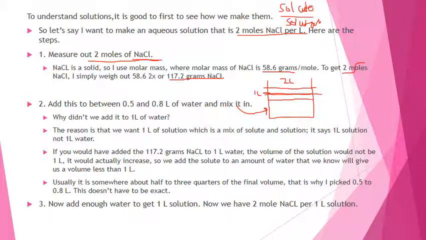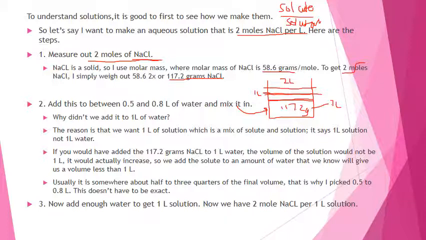So let's say I put in 0.7 liters of water. Then I put the 117.2 grams of sodium chloride in it, and mix it up really well so it's all dissolved.